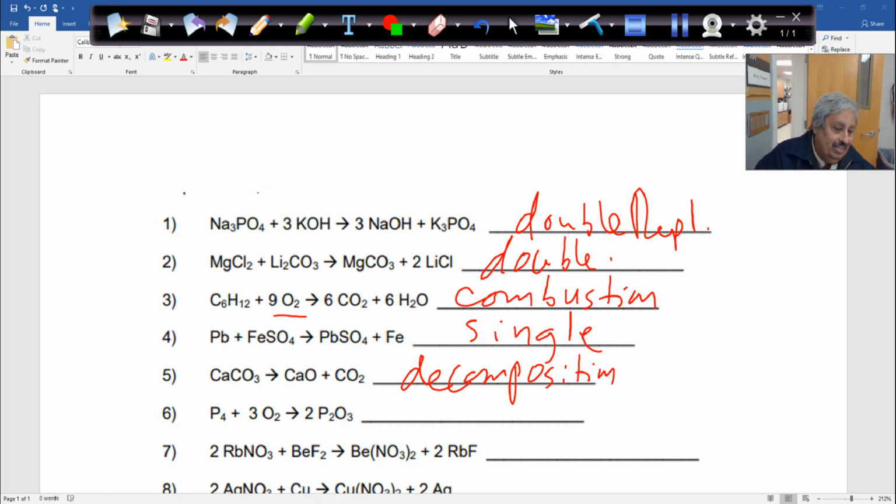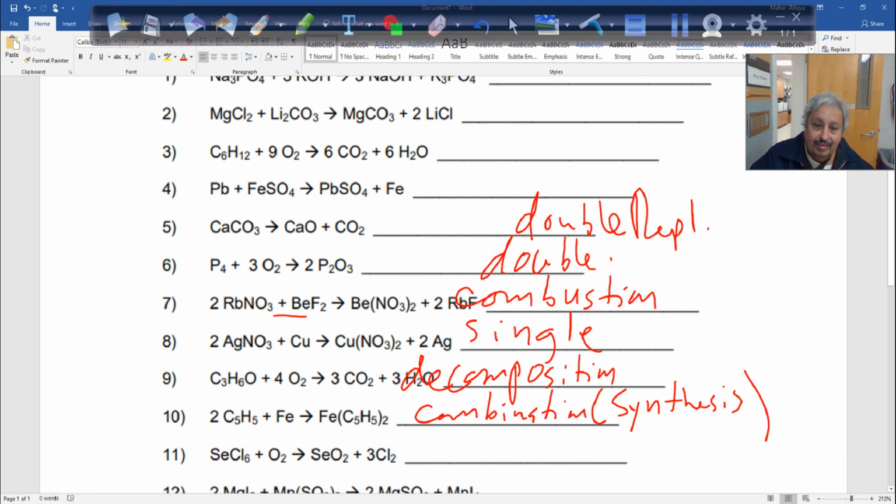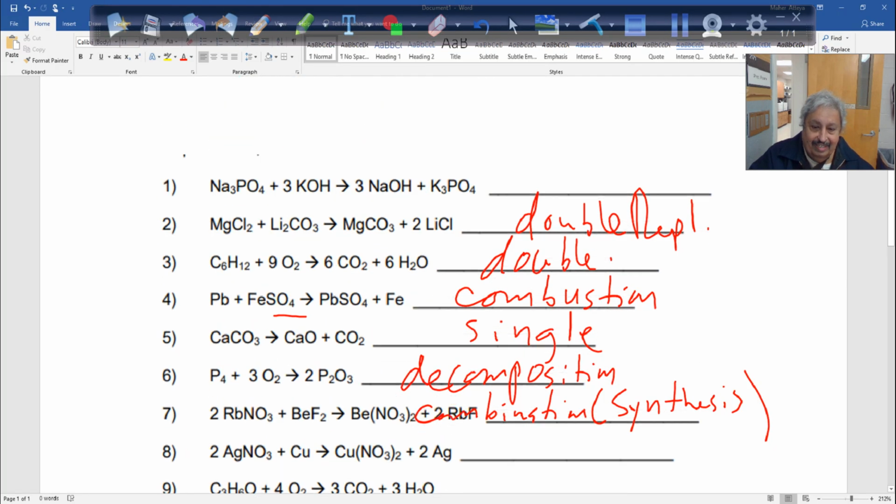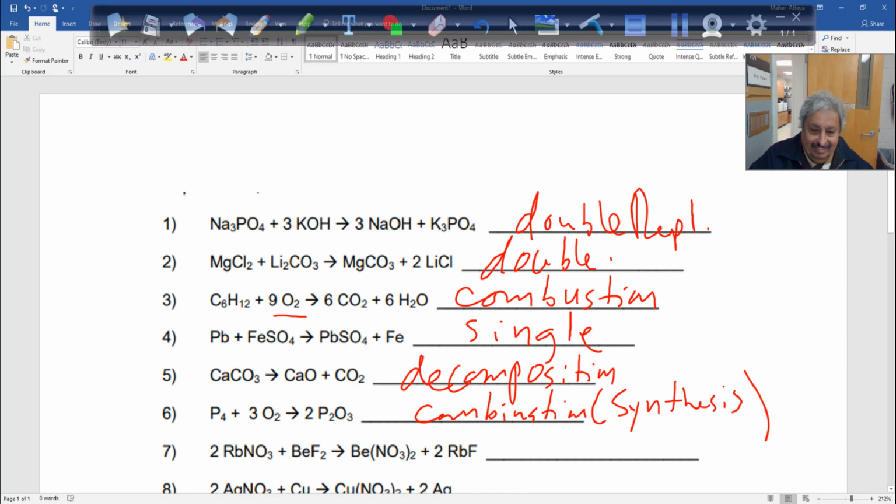Number 6 is combination, or the second name for it, synthesis. Seven is combination, but I can't move it. I have to take them out. Can I take this one out?